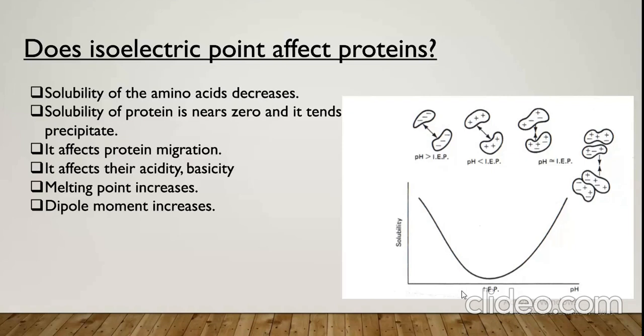It also affects the migration of protein in acidic and basic conditions. Melting point will also be increased at IEP because there won't be interaction with water molecules, but there will be positive and negative charge in the protein, and dipole moment will be maximum at IEP.